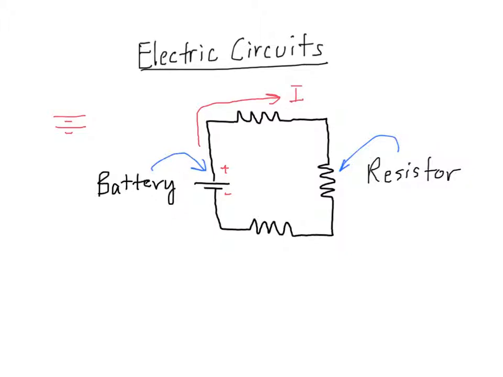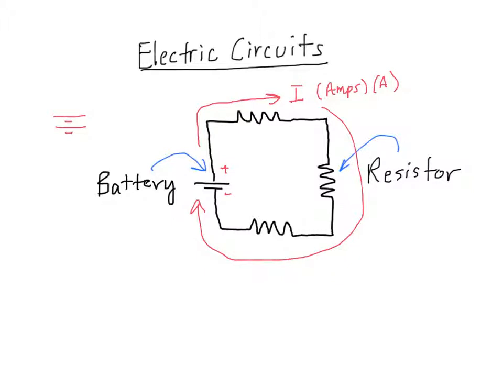Current is represented by the letter I, capital I. It's measured in amps, which is just an A. So the current in this particular circuit is going to move in a clockwise fashion from the positive terminal all the way around to the negative terminal, clockwise.